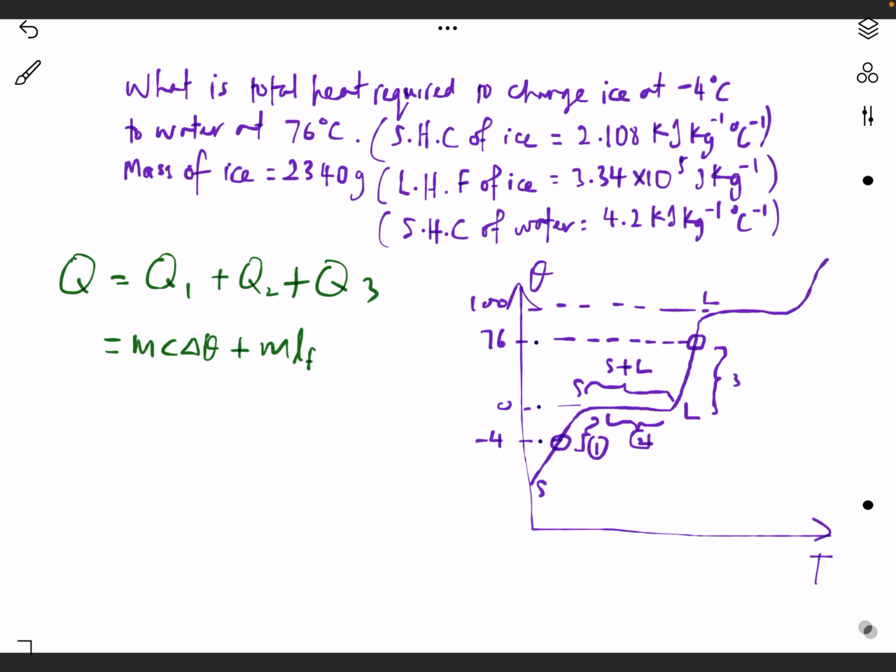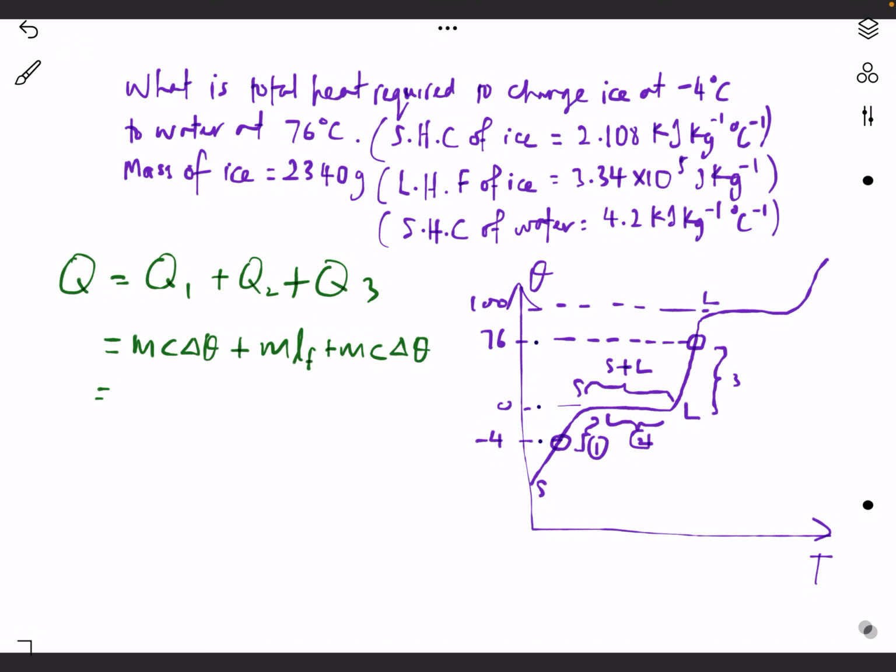Lf stands for latent heat of fusion, plus, the third one is here, change of temperature without change of phase, so use the formula mcΔθ. This one is for change of temperature of ice, this one is change of temperature of water.